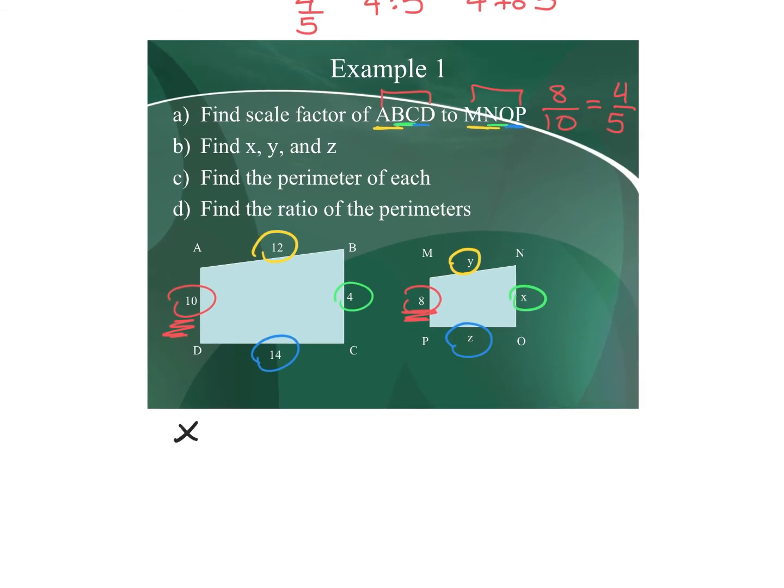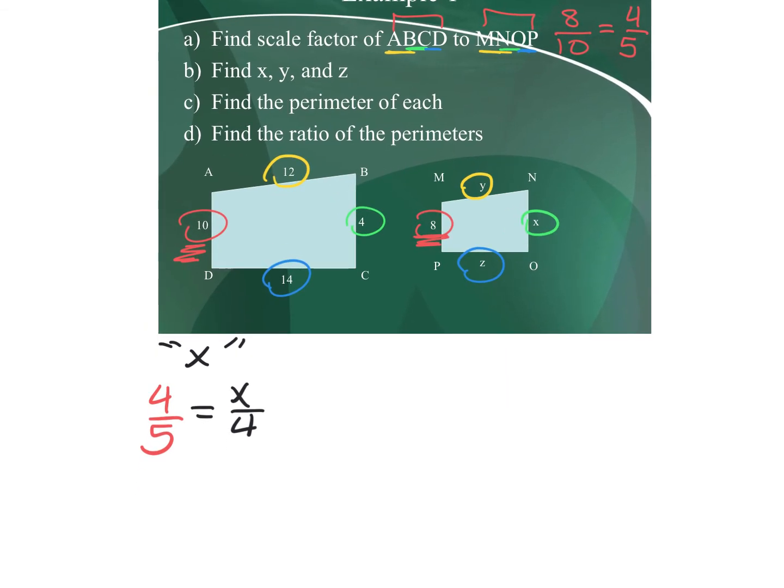So to find x, I'm going to take my scale factor, 4/5, and I'm going to set it equal to the ratio here that I set up. So again, I'm doing smaller to bigger, so I'm going to do x/4. And now what I'm going to do is cross multiply, solve this proportion. 5x equals 16.